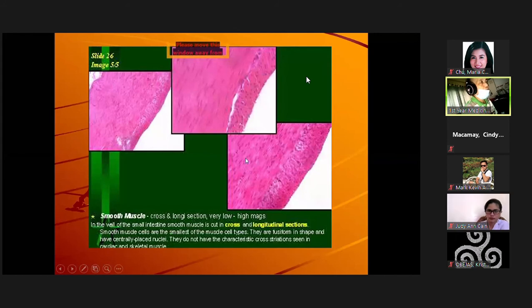They are short, and therefore you don't see any fibers. Smooth muscle cells are the smallest of the muscle cell types. They are fusiform in shape and have centrally placed nuclei. They do not have the characteristic cross striations seen in both the skeletal and the cardiac cells.